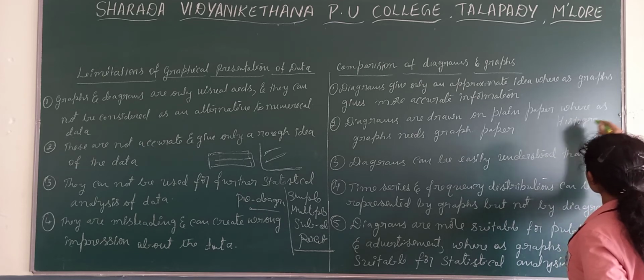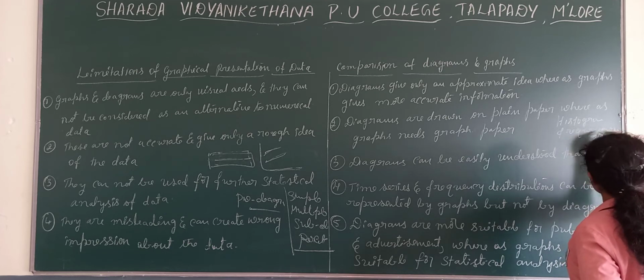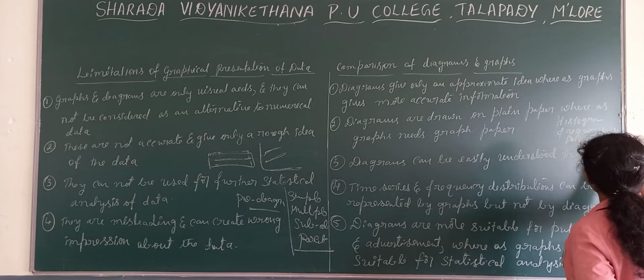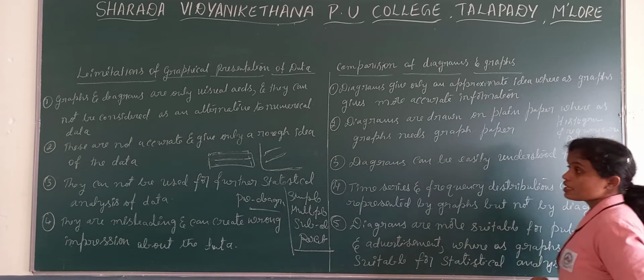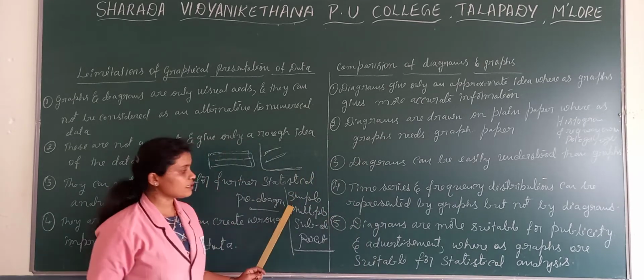Graphs are the histogram, frequency curve, frequency polygon, then ogives. These are graphs. What is the difference between diagrams and graphs?